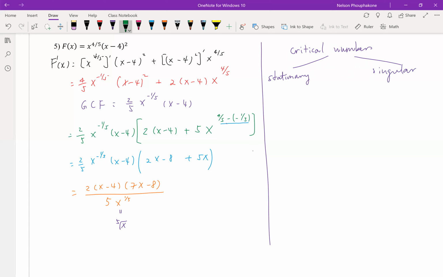Let us look at the first one, stationary, meaning f prime of x equals 0. To make f prime of x equal to 0, we have x minus 4 equal to 0 and also 7x minus 8 equal to 0, right?